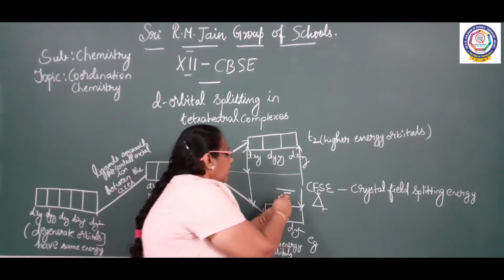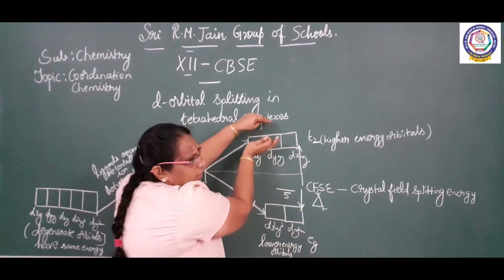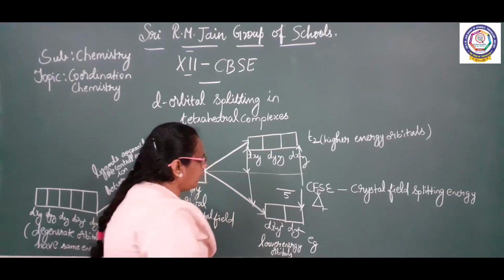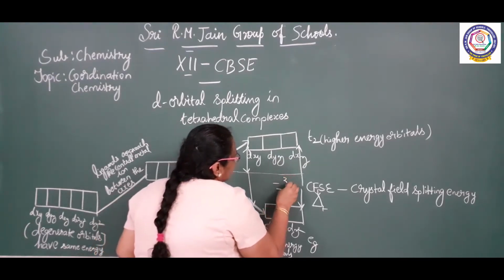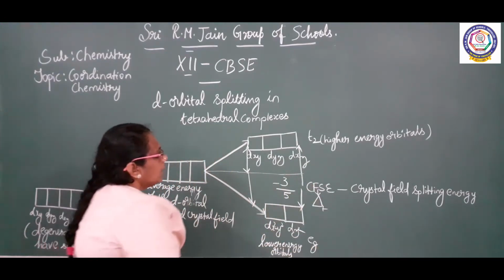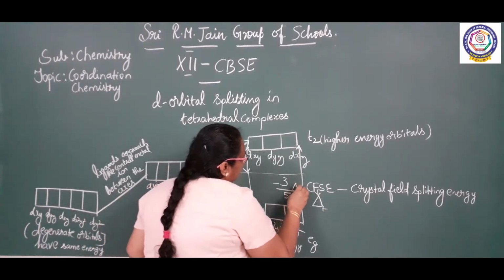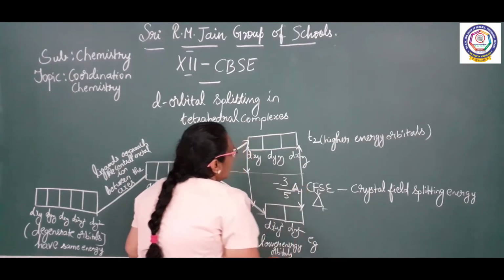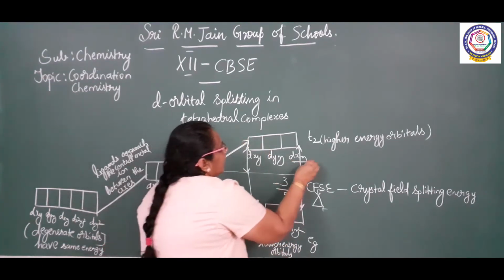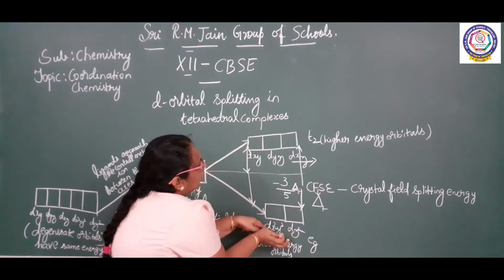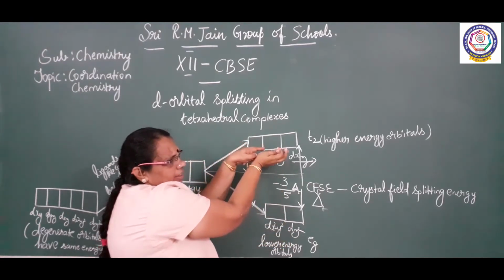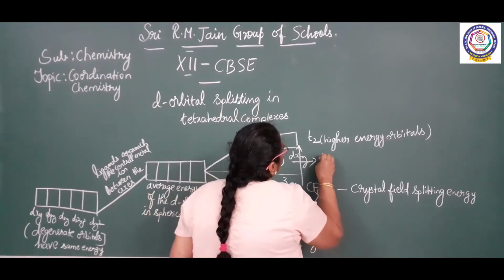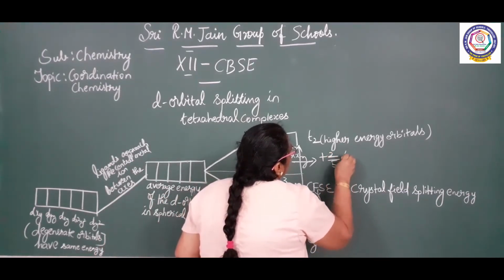So it can be minus 3 by 5 delta T. And you take this now. With respect to these two orbitals, these three orbitals have higher energy. So how will you write? Plus 2 by 5 delta T.